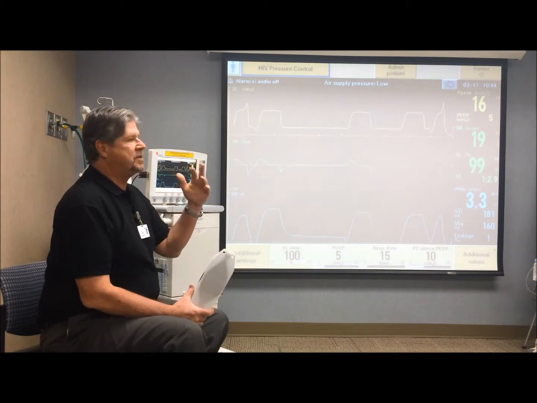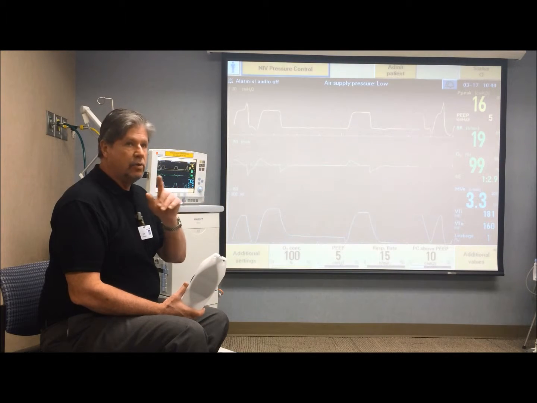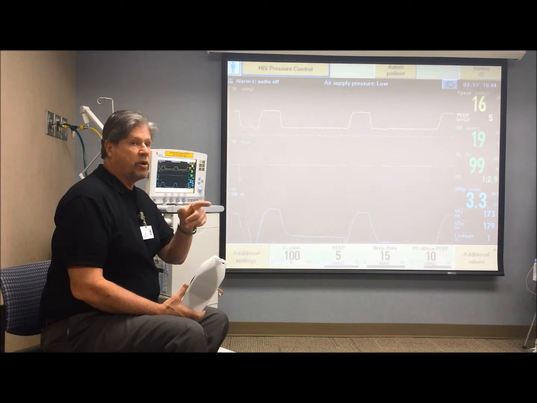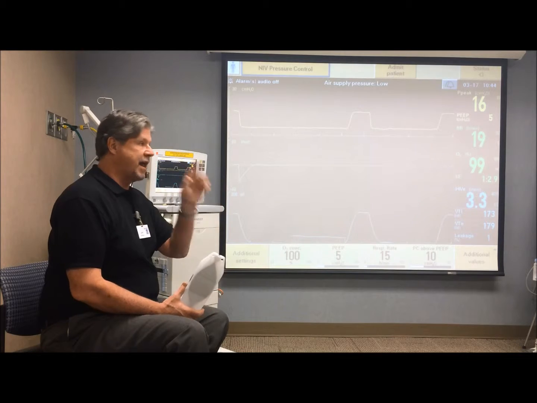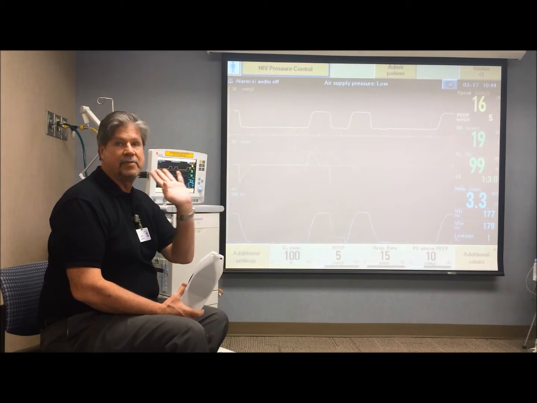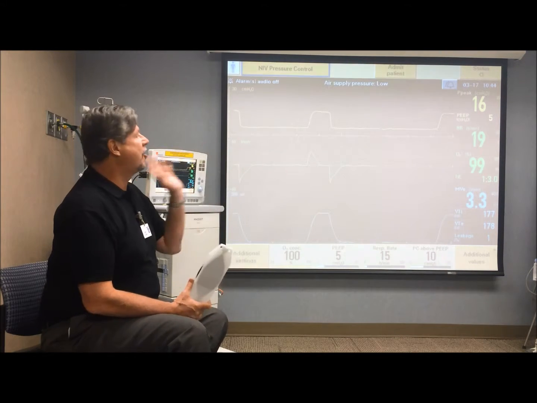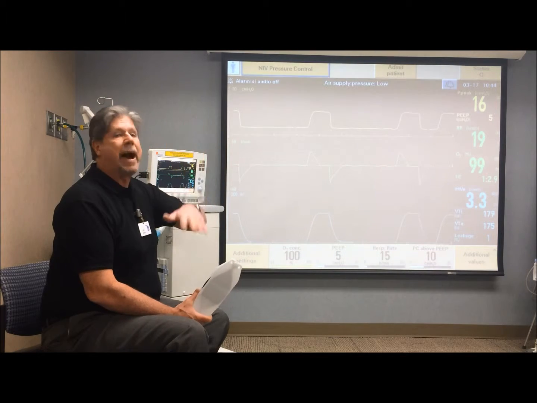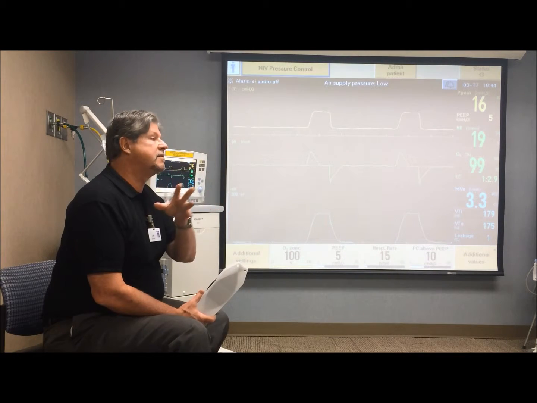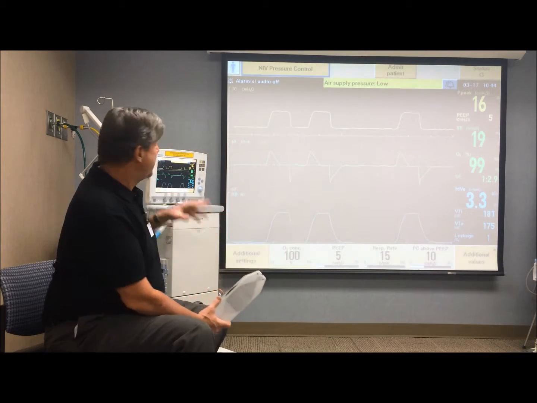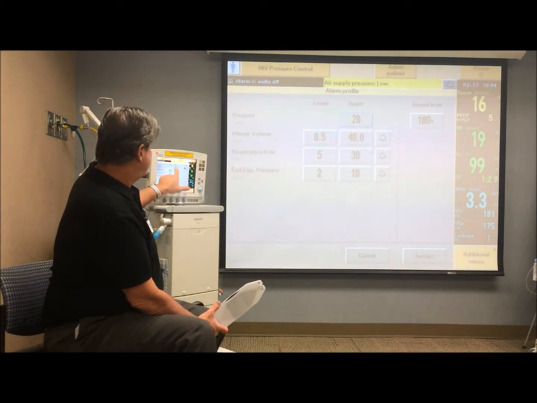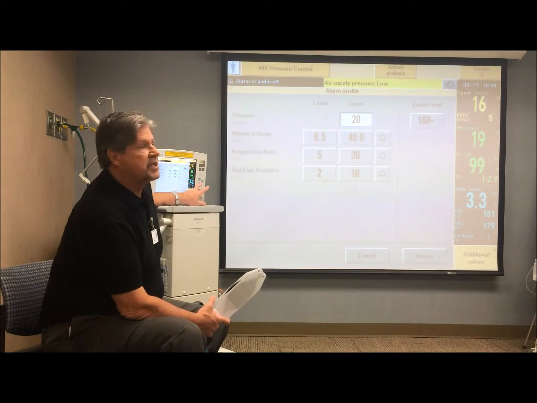When that happens, he's thinking, you lied to me. You told me you weren't trying to suffocate me, but you are, and I'm trying to do everything I can to get this mask off. So he's fighting and all that because the ventilator keeps popping off, and you may think that it's auto-cycling, right? But it's really that the upper pressure limit is set too low.